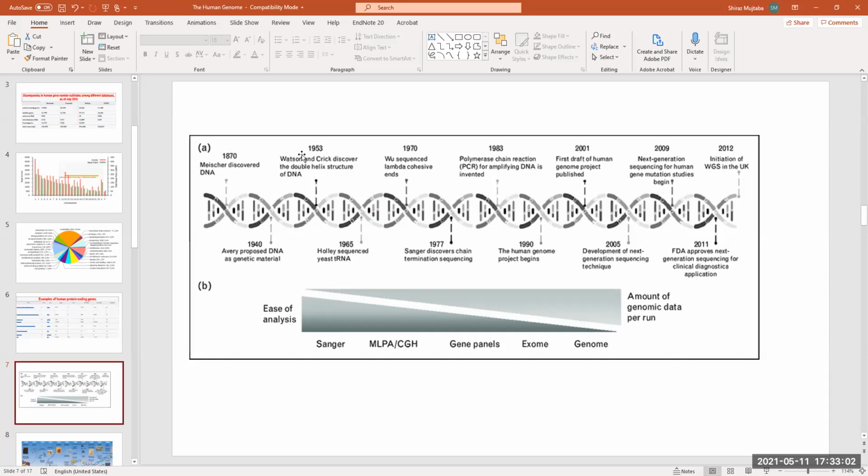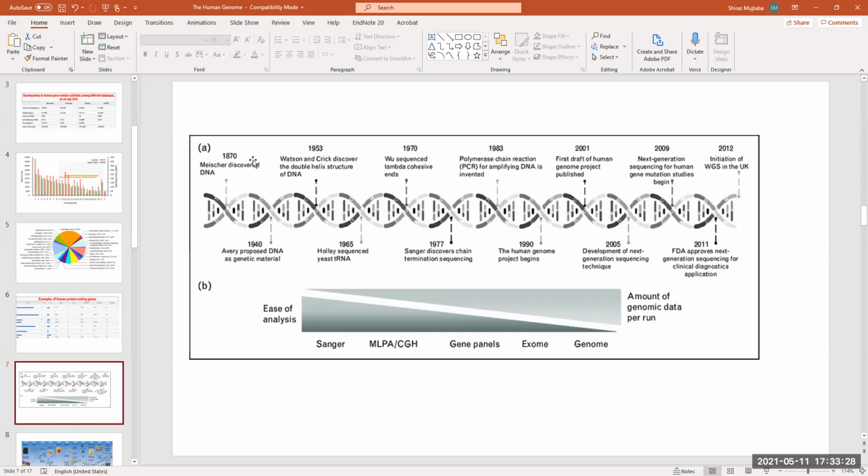Then in 1953, Watson and Crick discovered the structure of DNA. This is the history of DNA. In 1983, the polymerase chain reaction was discovered. In 1990, the Human Genome Project began, and in 2009, next generation sequencing of human genome studies began.